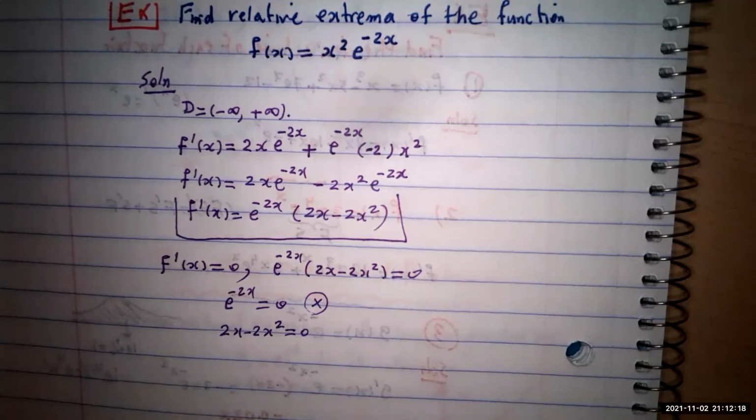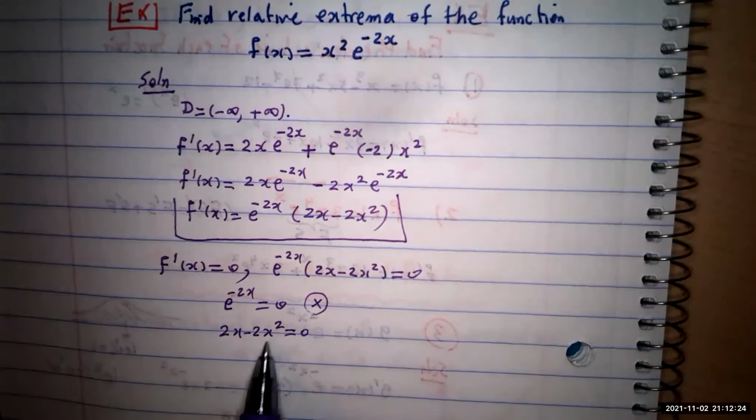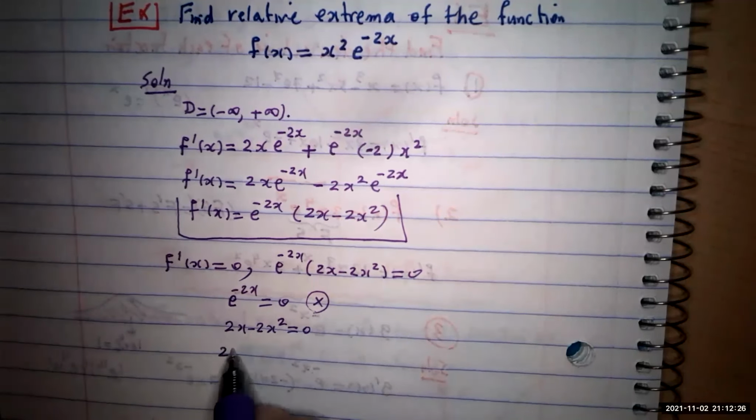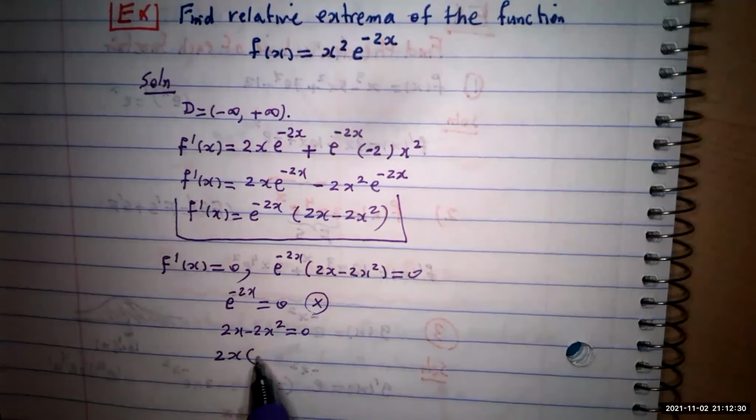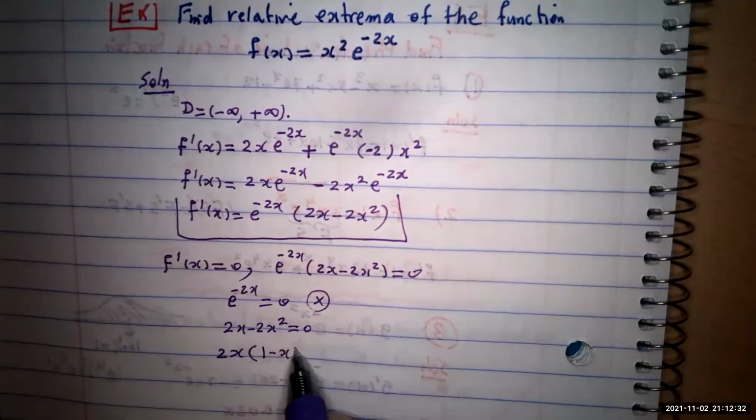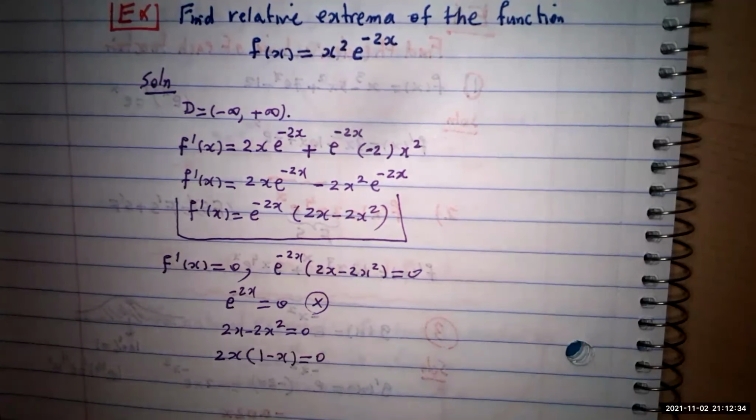The second one is an ordinary equation. You can use factoring to solve it. The common factor here is 2x. We pull out the 2x. What's going to be the leftover? The leftover is 1 minus x equal to 0.